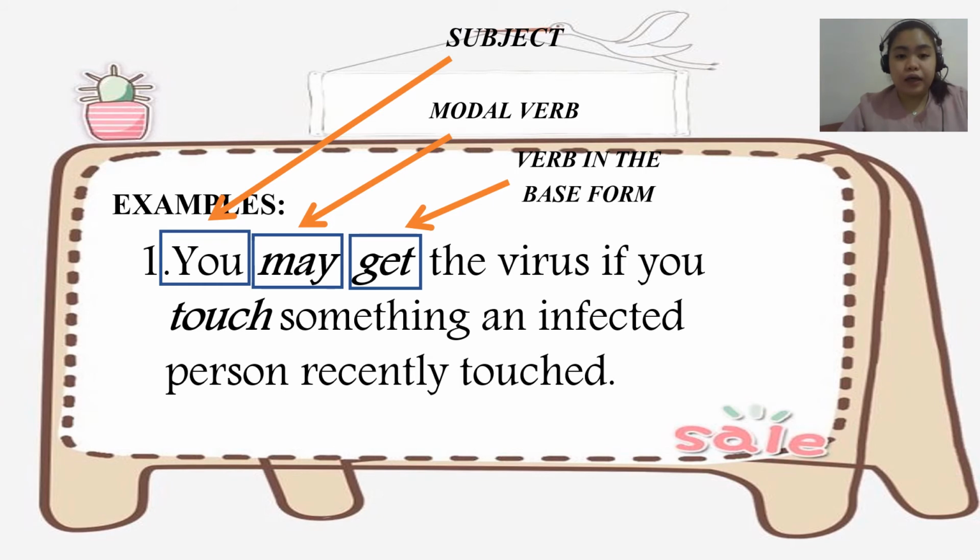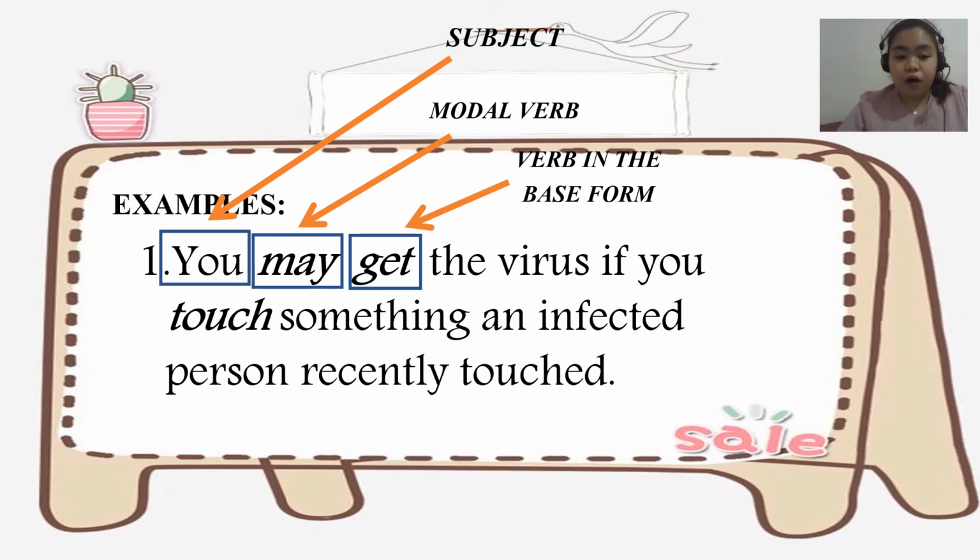As you can see here, the sentence starts with the main clause, followed by the if clause. Those two can be interchanged. It could be the if clause first, followed by the main clause, or just like here in our example, the main clause first, followed by the if clause.